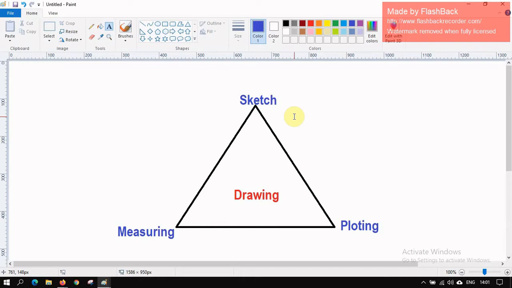Now, let me tell you what is sketch. What do we have in sketch? Let me increase the size, that would be much more visible to you.